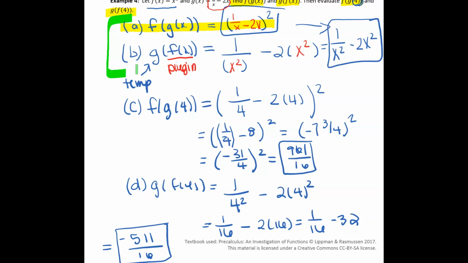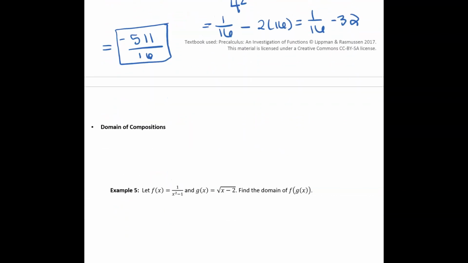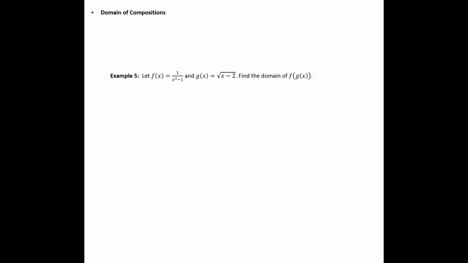So with all these conversations of figuring out the ins and outs of compositions and creating them, we need to move on to some information such as the characteristics or the domain of compositions. And when you're talking about the domain of compositions, remember, domain is something we know. It's all your possible x values.